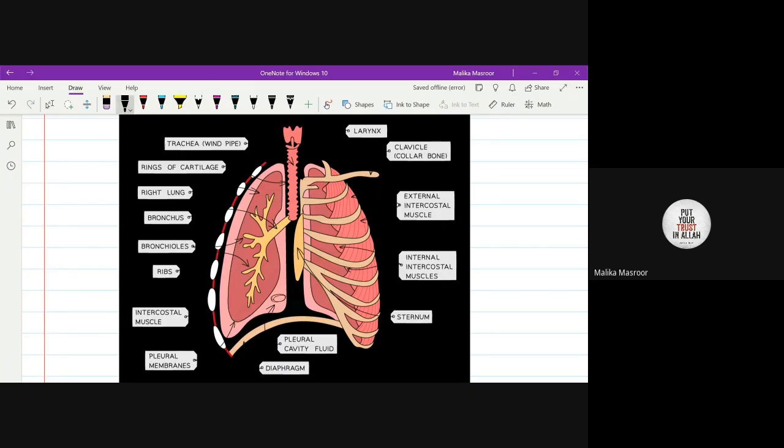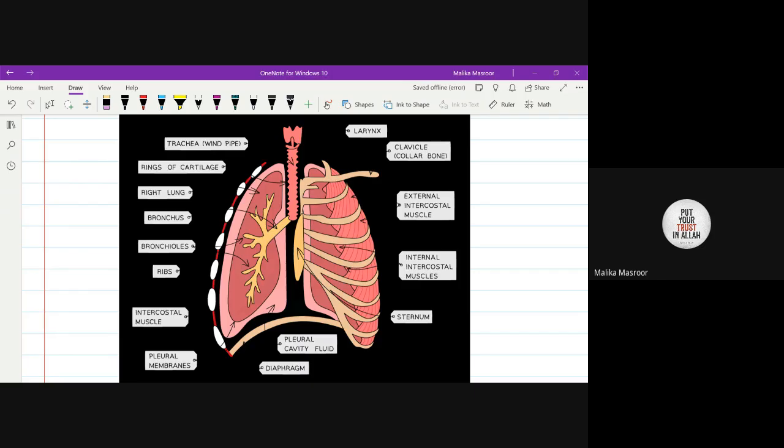And this place that I'm highlighting with yellow is the pleural fluid that is released in the pleural cavity. A cavity is basically between any two membranes. So when the lungs expand and touch the walls, there'll be no friction, just like you have synovial fluid in your joints that prevents friction. Again, the purpose of this is to prevent friction.